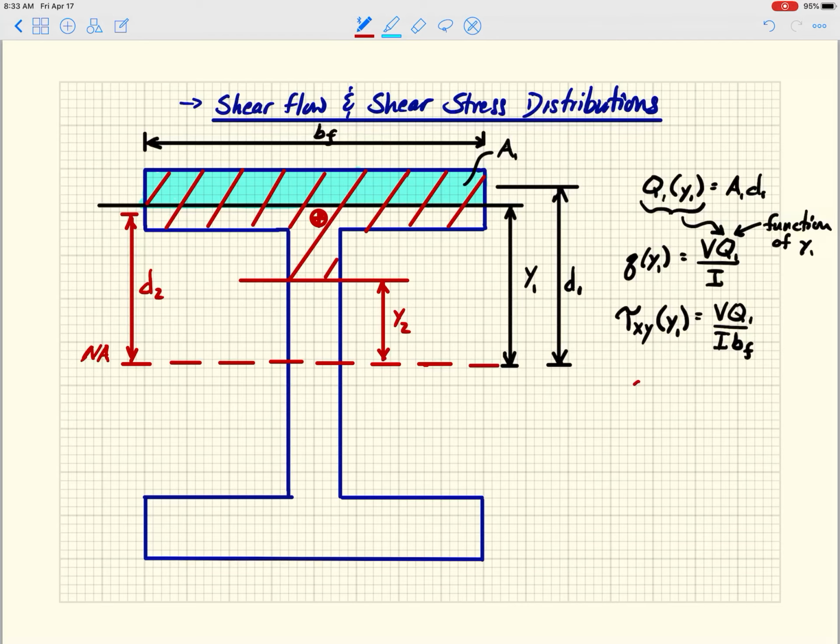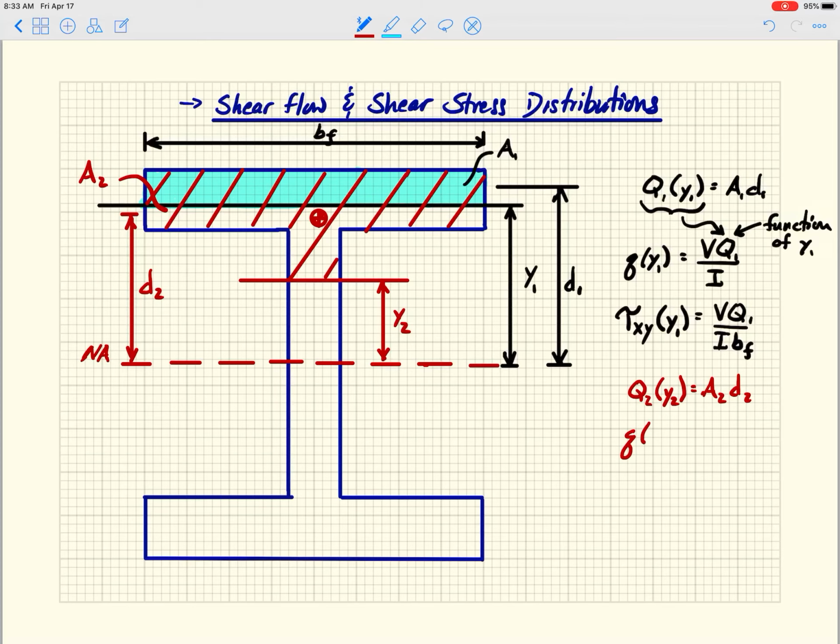Okay, so Q2 here is a function of Y2, right? And that is just equal to this second area here, A2, right? And that's got to be times D2, right? So that's its moment arm.